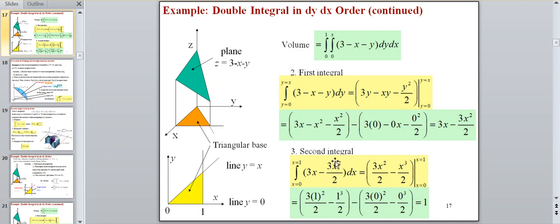The integral of 3x squared is x cubed, so x cubed divided by 2 from 0 to 1. When x is 1, we have 3/2 minus 1/2. When x is 0, this is completely 0. So what is left is 3/2 minus 1/2 equals 1. This is the volume. Remember, we are calculating the volume. The answer cannot be negative.